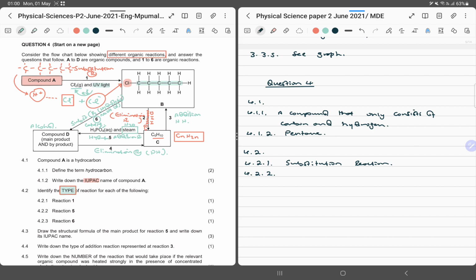Reaction 5, we discovered that it is an addition reaction. Again, you can name it that it is hydration because you're using steam, but they didn't ask you the specific name. They just said type. So that is general stuff.